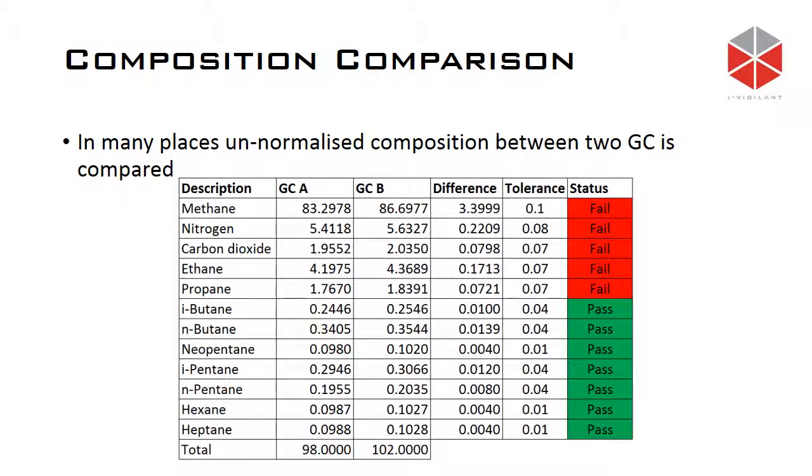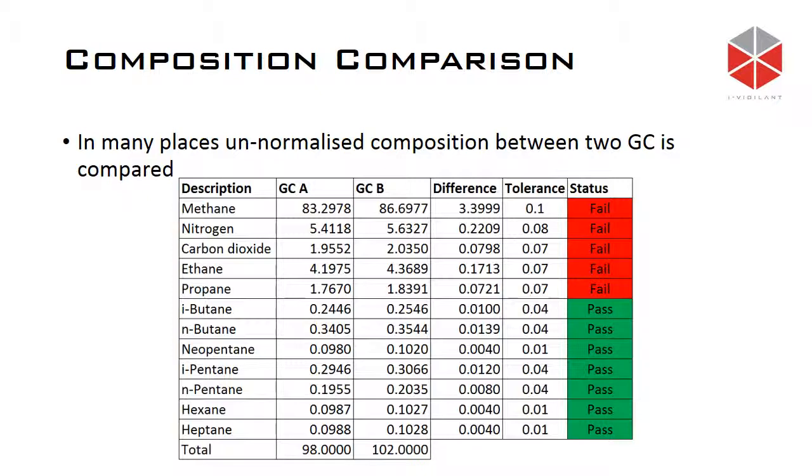The other thing that people do is compare the unnormalized composition between two GCs. And in many places, it's a contractual requirement to have a tolerance limit set between each of the components of the two GCs measuring the same gas. And because of the wrong procedure, when you compare the unnormalized values, it can lead to a wrong impression.